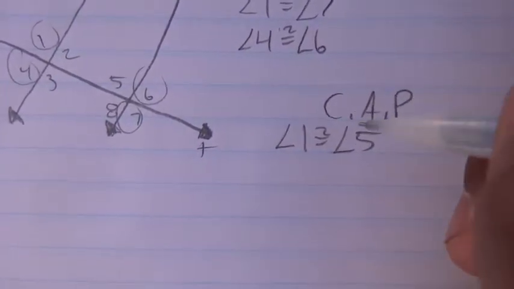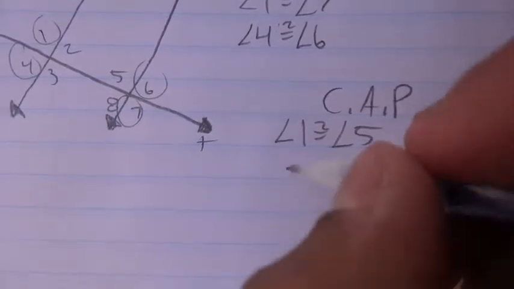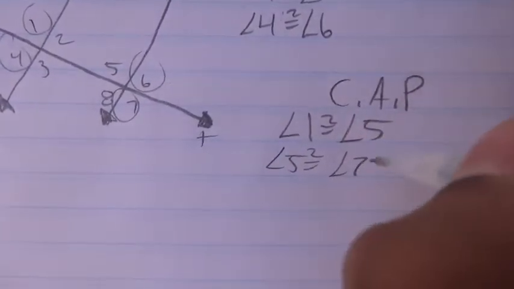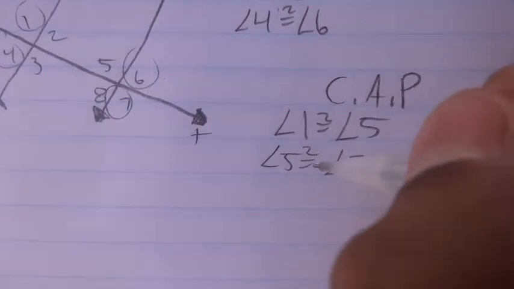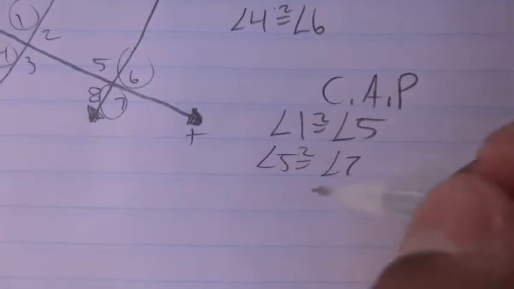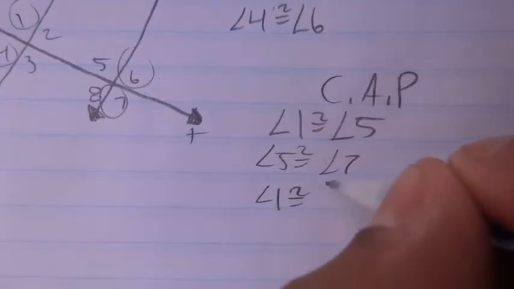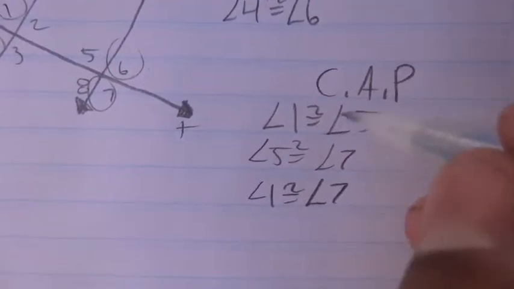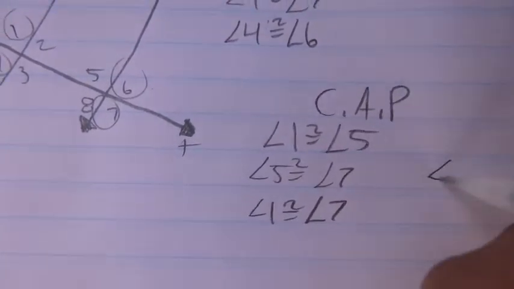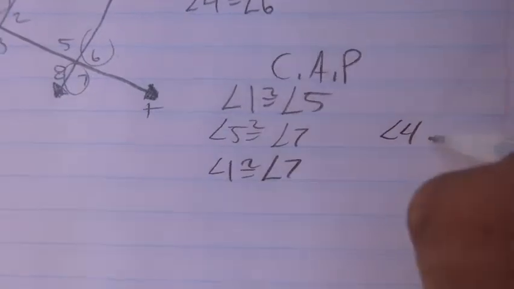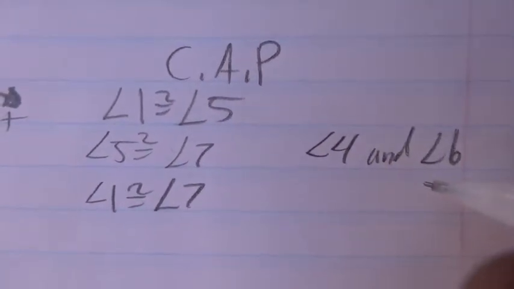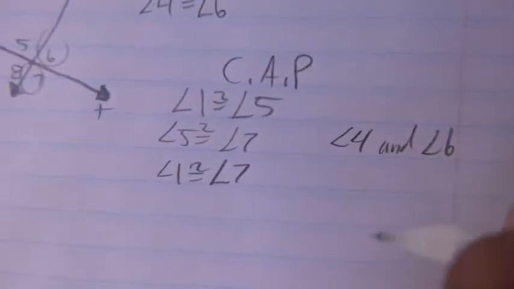Also, by the vertical angles theorem, angle 5 and angle 7 are congruent. Then by the transitive property of congruence, angle 1 is congruent to angle 7. Now you can prove that angle 4 and angle 6 are congruent using the same method.